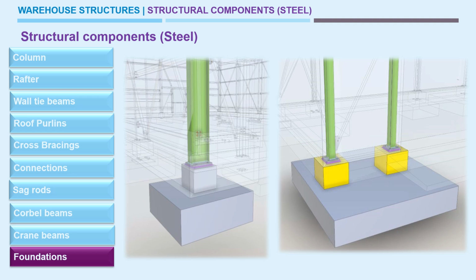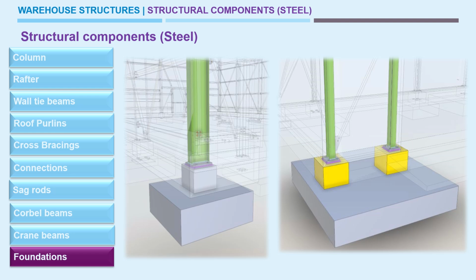In this video we are going to look at the basic things of foundations required for warehouse structures. In this screen you can see single isolated foundations and combined foundations, which are required to hold two columns. Generally this can be decided based upon the span between the columns. If the foundation size is higher than the column spacing, then we need to go for combined foundations.